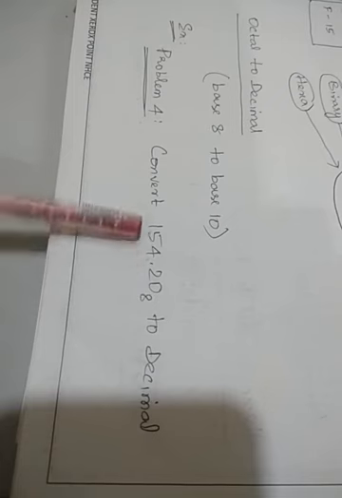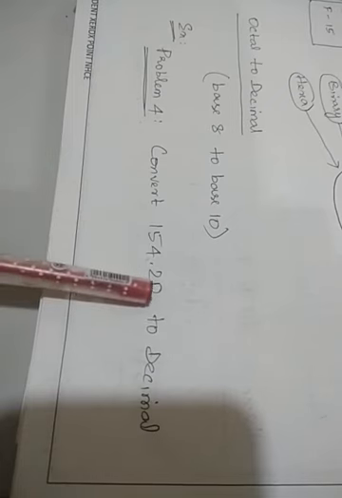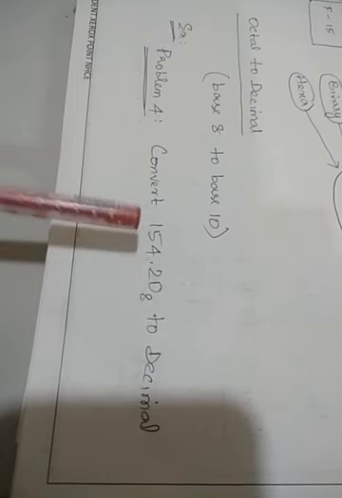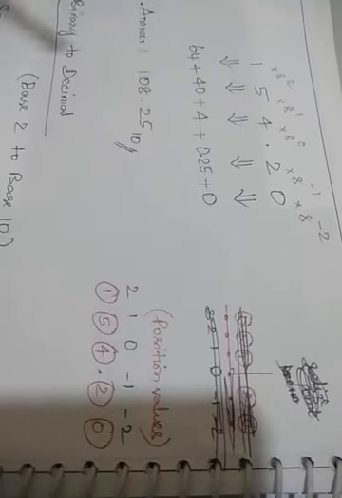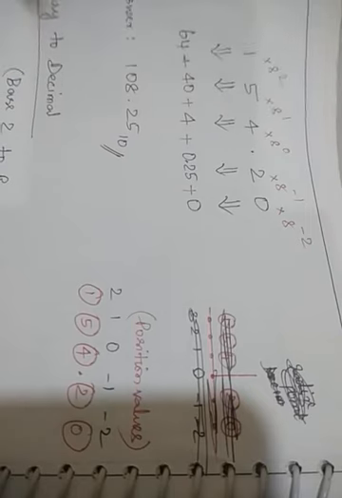See, this number is an octal number because the base value is 8. This octal number we should convert into a decimal number. We'll see how to convert this octal number into decimal. See, here the method is different.